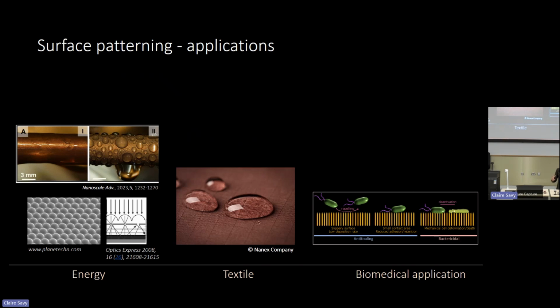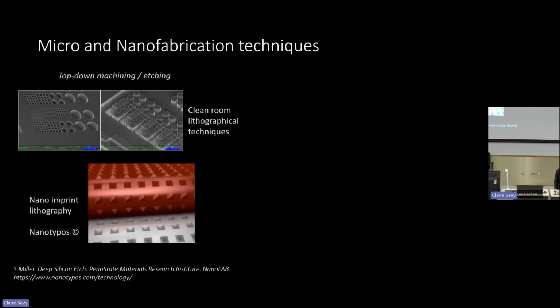So there are all these applications which have been around, and they keep coming up. But there's an issue here. So most of the surface patterning techniques that have become very trendy in the past decades, there's lots of research going on dedicated to surface patterning techniques. The majority of them, especially when you go to nanoscale and microscale, the majority of the nanofabrication and microfabrication surface patterning were borrowed from electronics.